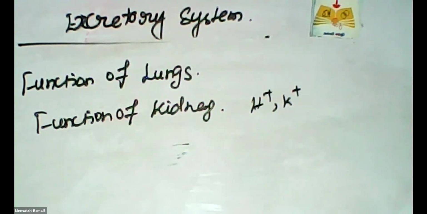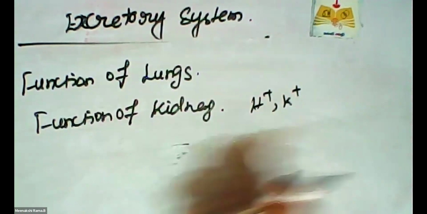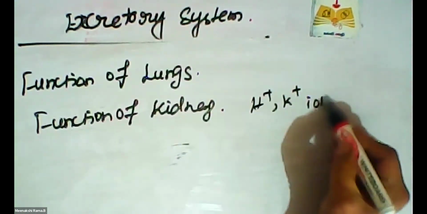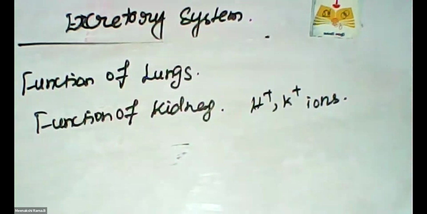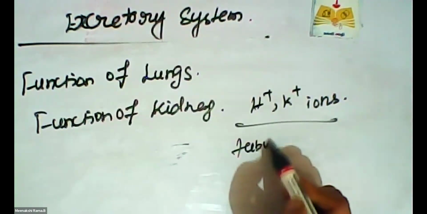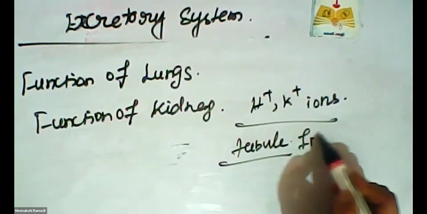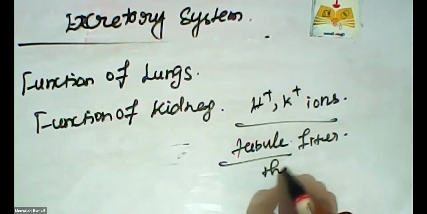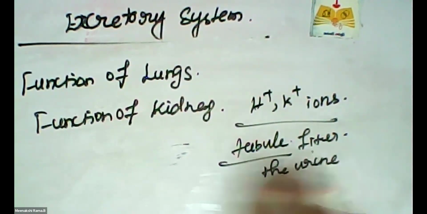The renal tubules secrete the K plus and H plus ions. The tubule filtrate finally becomes urine. The function of the tubule is to filter.